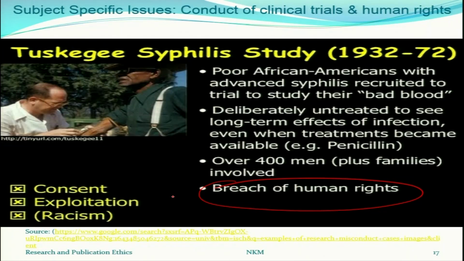They did not care that they were testing on human subjects. That's really ethically inhuman experimentation, I must say. That's the violation of consent, and it's a case of exploitation and also racism, because they chose specific subjects and deprived them of the medication which was available. So this is really the worst kind of ethical violation, I must say.